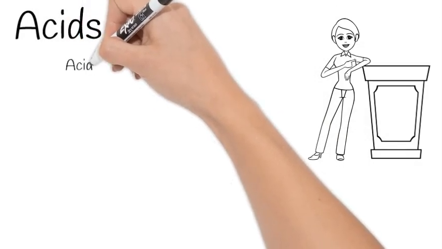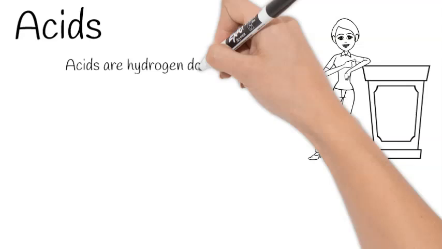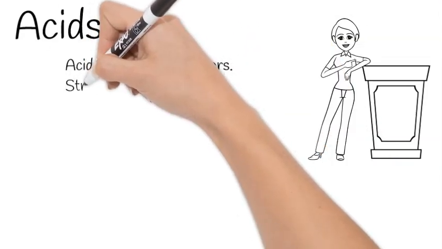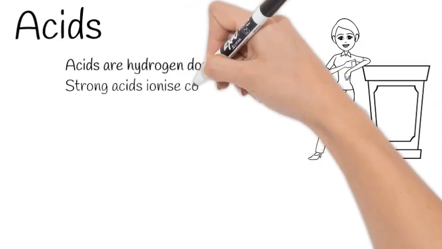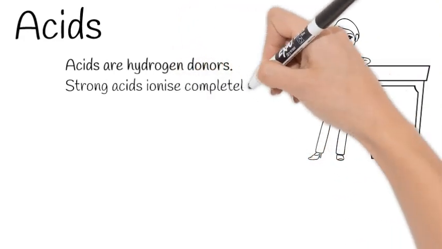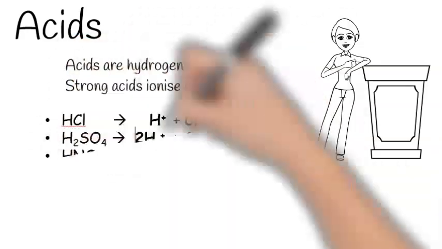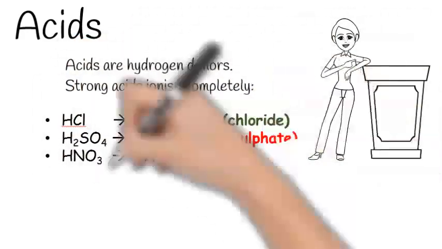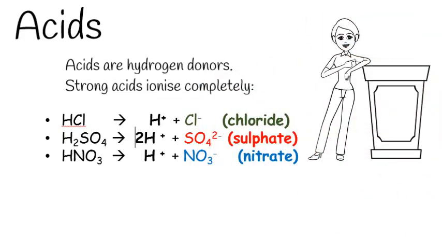Let's focus on our first chemical family, the acids. Acids are hydrogen donors. Strong acids ionize completely. So in these ionic equations, we can see how hydrochloric acid ionizes into the hydrogen ion plus the chloride ion.